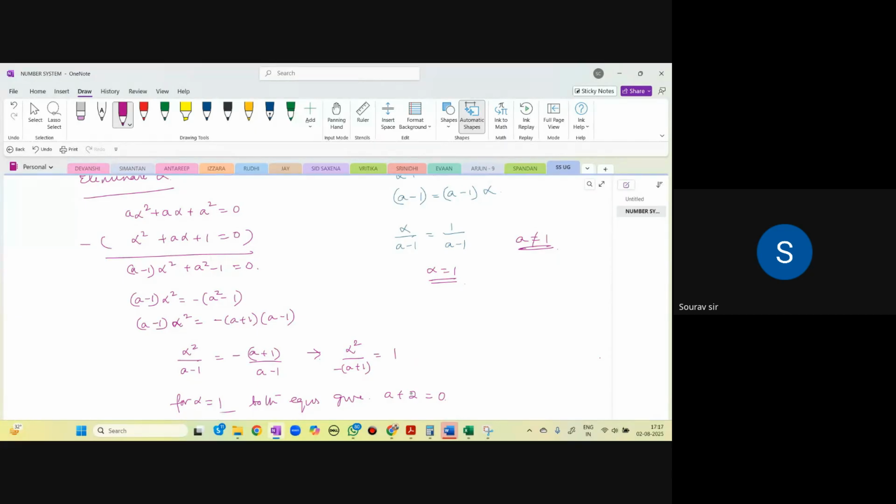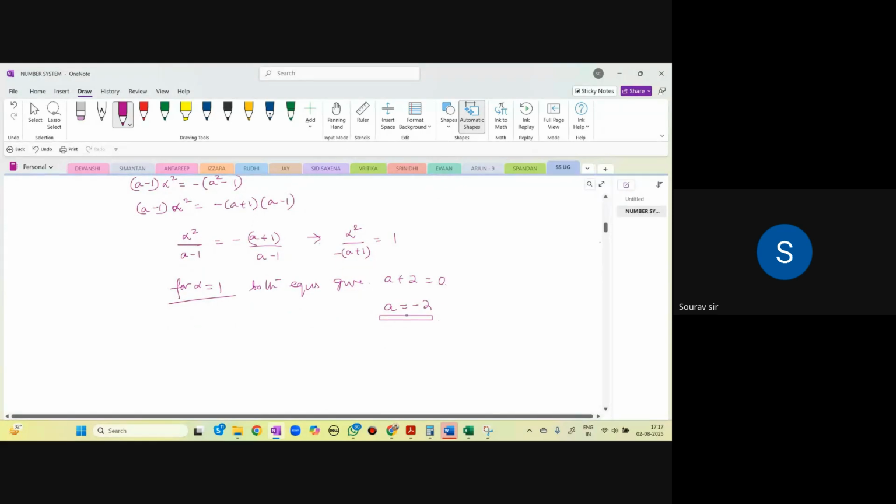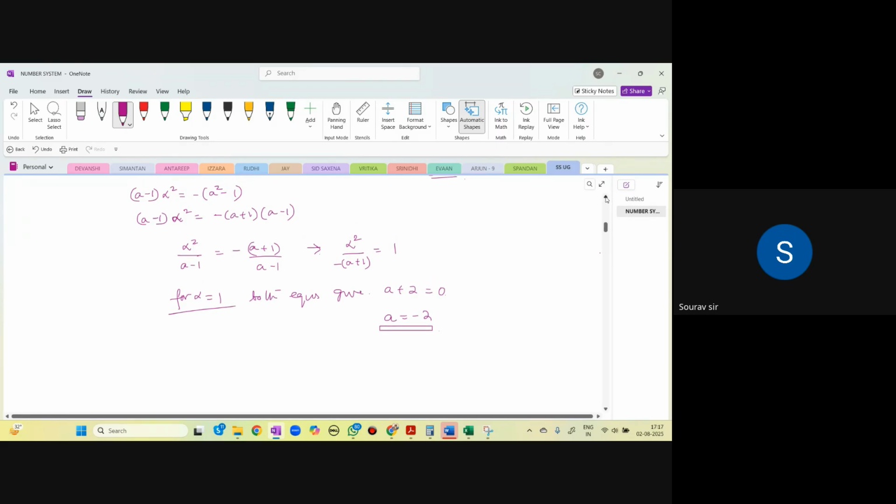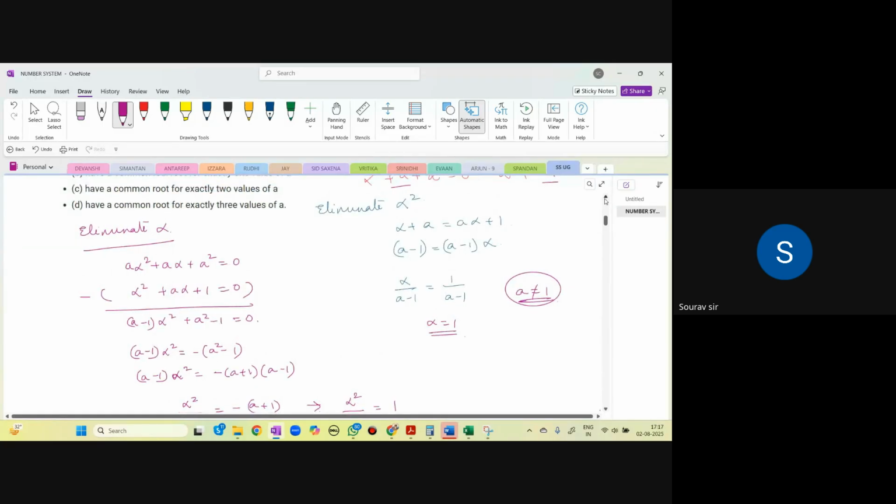So a equal to minus 2 is the only solution because a cannot be equal to 1. So a equal to minus 2 is the only value of a for which you get a common root, which is 1. Okay.